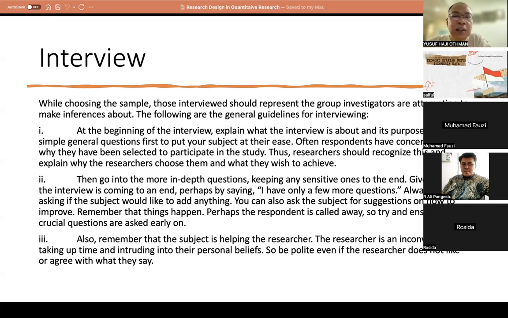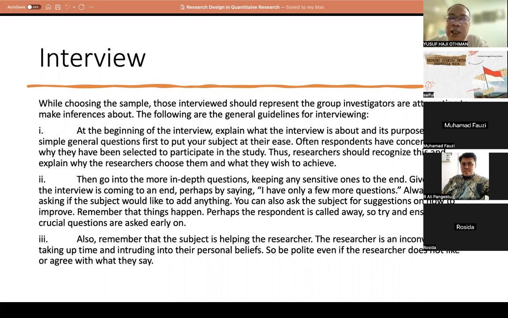So the following are the general guidelines for interviewing. Number 1, at the beginning of the interview, explain what the interview is about and its purpose. Ask simple general questions first to put your subject or respondents at ease. Often respondents have concerns about why they have been selected to participate in the study.